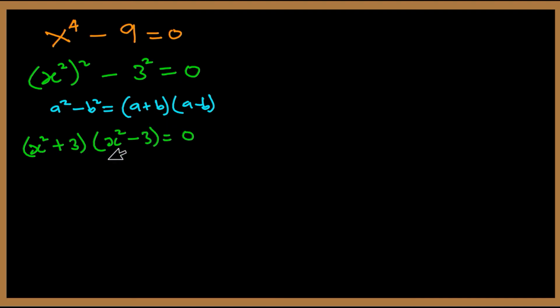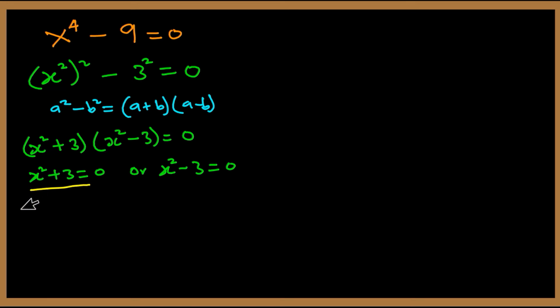So from here, this expression means that it is either x to the power 2 plus 3 is equal to 0 or x to the power 2 minus 3 is equal to 0. So we will consider this equation first.